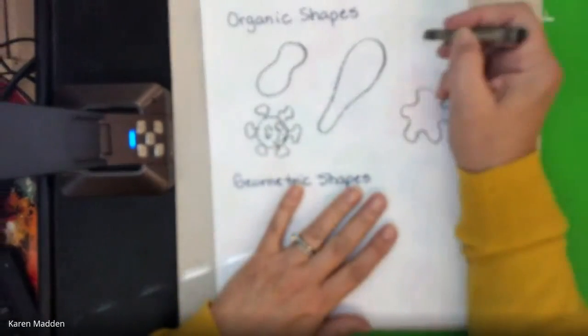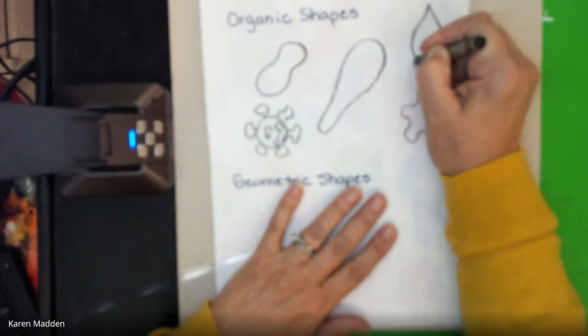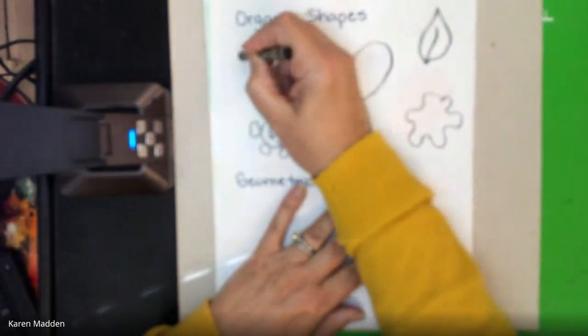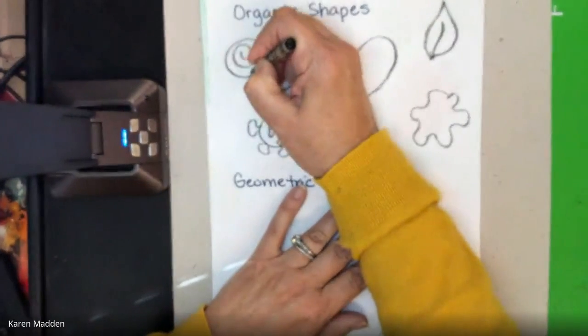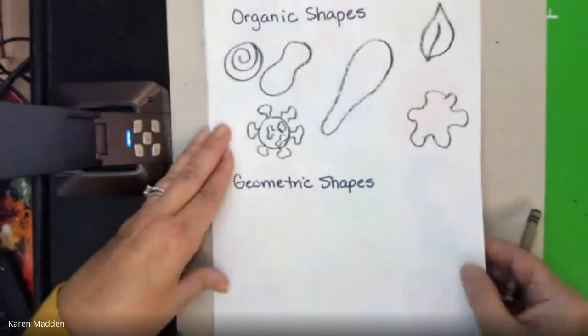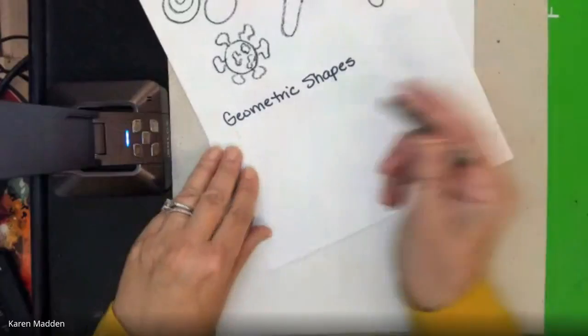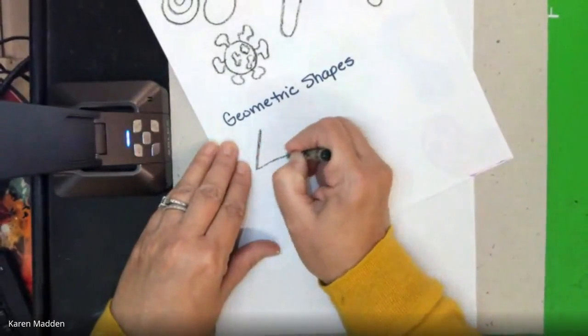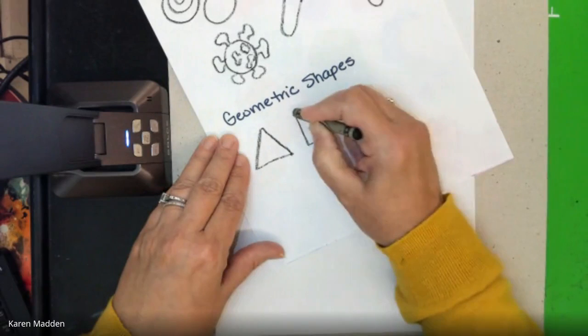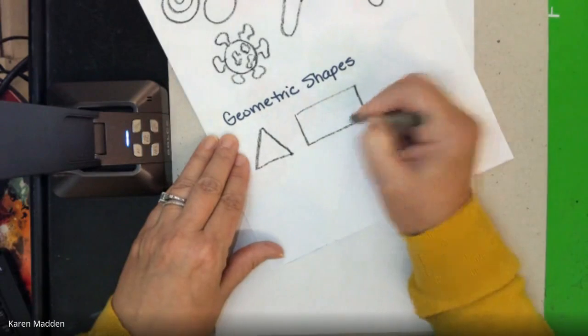We see them in nature. A leaf would be an organic shape. A spiral would be an organic shape. Things like that. The geometric shapes, again, are a triangle. Maybe you can draw a rectangle.